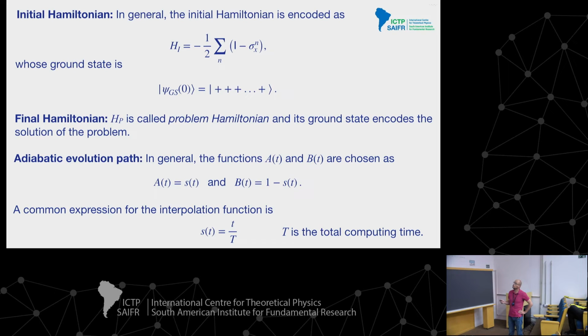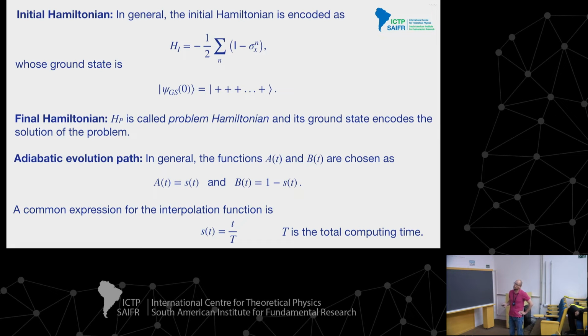Observe that the action of each of these operators inside the parentheses on each plus state will result in 0, right? So the ground state has as eigenvalue the number 0 here. The final Hamiltonian H_P is called the problem Hamiltonian, and as I mentioned, it encodes the solution to our problem.